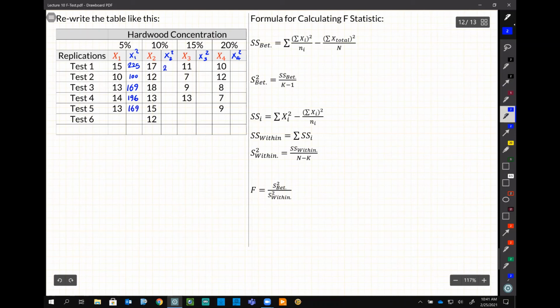This guy 289, 144, 324, 169, 225, and 144. 121, that's easy, and that's for that. What about this guy? 100, 144, 64, 49, 81. Okay, as simple as that.